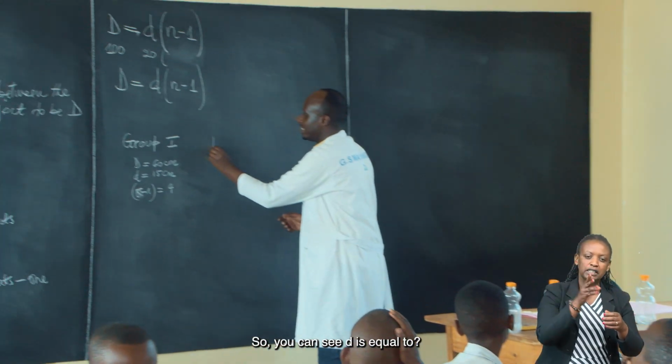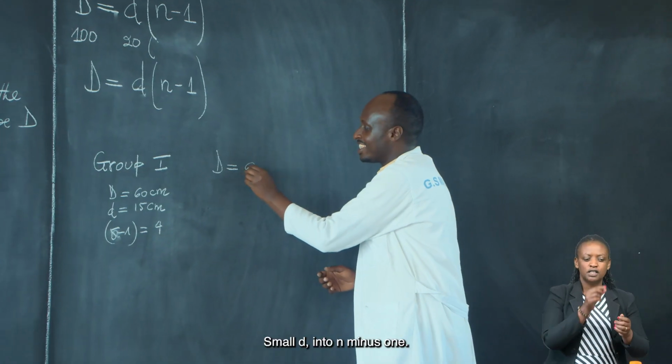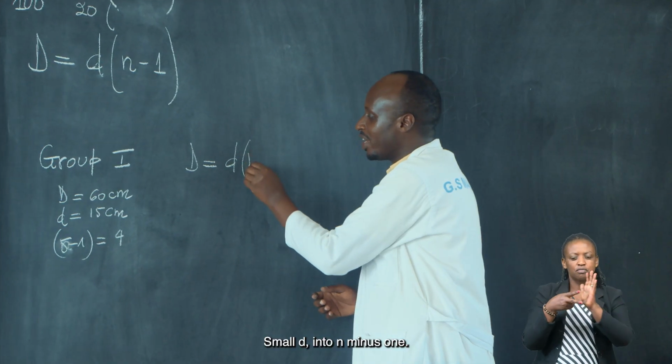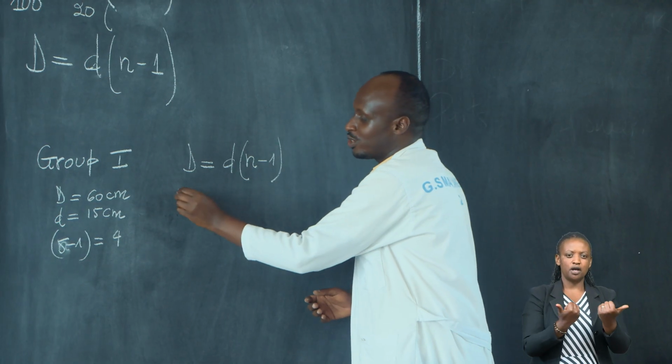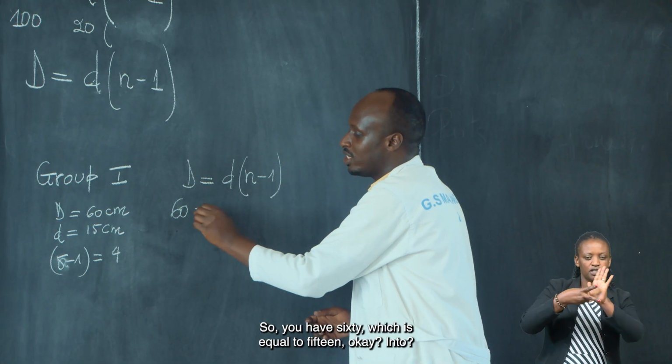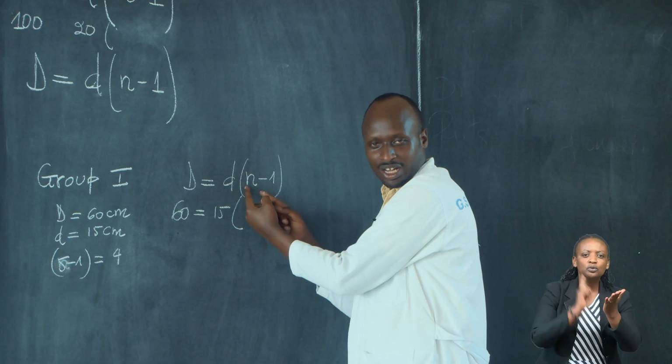So you can see D is equal to small d times n minus 1.